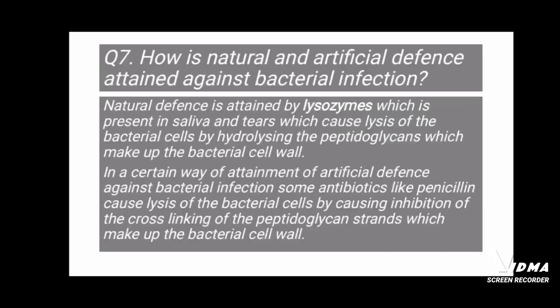In a similar way, for artificial defense against bacterial infection, some antibiotics like penicillin cause lysis of the bacterial cells by inhibiting the cross-linking of the peptidoglycan strands which make up the bacterial cell wall.